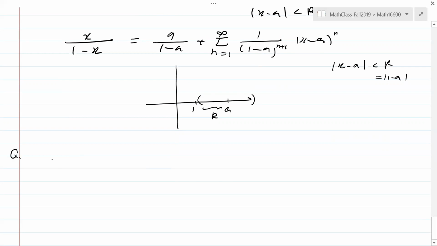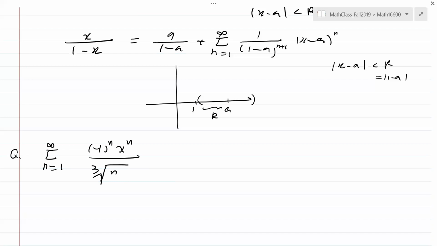This is problem number 4, I guess. n starts from 1. It's a kind of alternating series, but not exactly, because x could be negative or positive. But this is a function. You define a function, and you have infinite terms there.